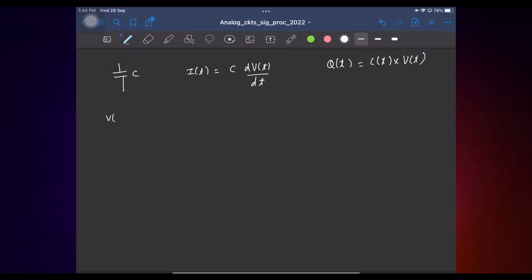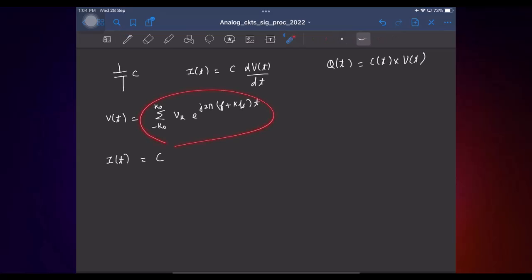We'll assume that the voltage has all these 2k plus 1 complex exponentials. So what is I of t? It's basically C times the derivative of this. So what are the constant terms that will come after differentiation?